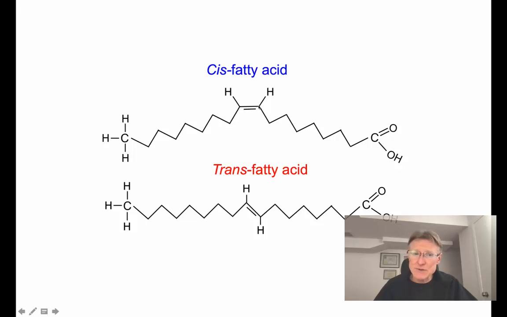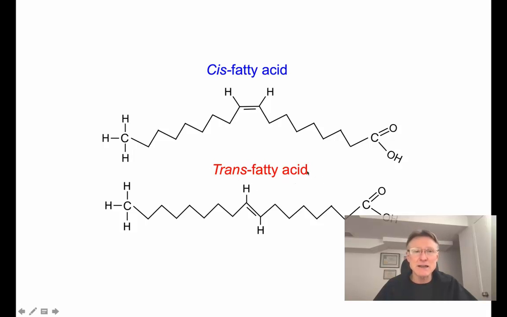Now, if you look at a trans fatty acid, it's linearized. Again, you have the carboxyl end and the methyl end. And where you have the double bond, now instead of having both hydrogen atoms on one side, you have them on opposite sides of the carbon chain. So that means this is a trans fatty acid. That's what characterizes a trans fatty acid.